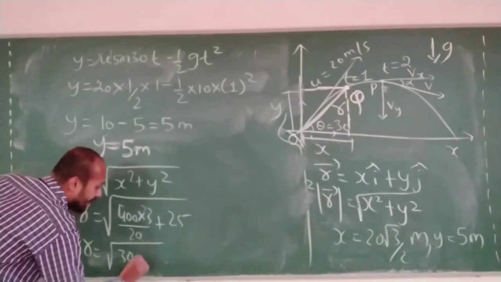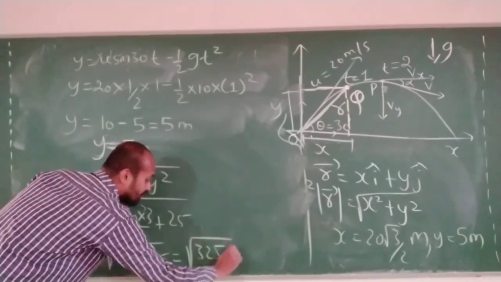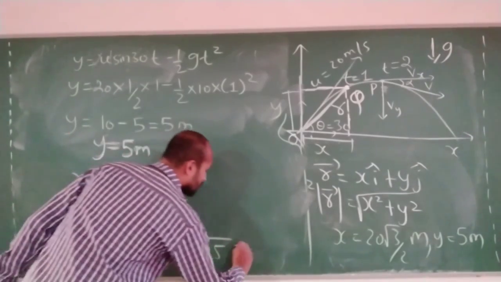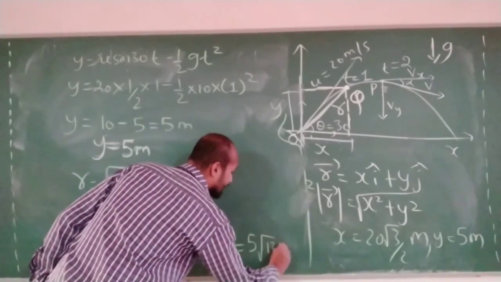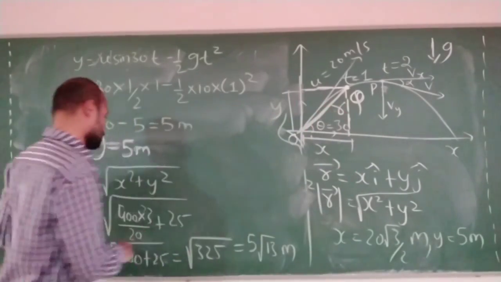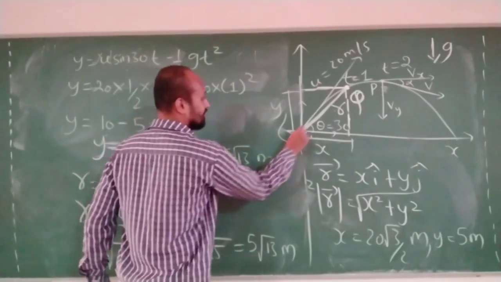Root 300 plus 25 is root 325, which can be written as 5 root 13 meter. R value is 5 root 13 meter.